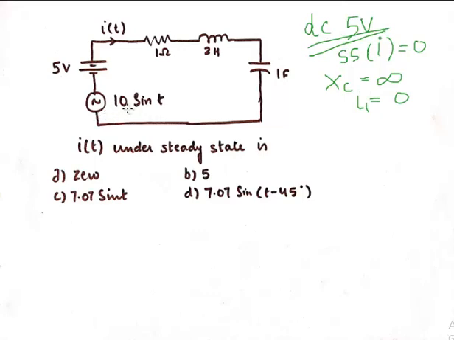Now we are left with the second voltage source, which of course is an AC source. Here you simply need to understand that 10 sine t gives omega equal to 1, because the generic form is 10 sine omega t.